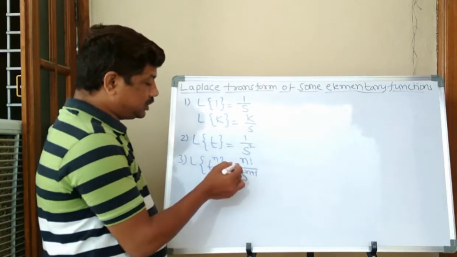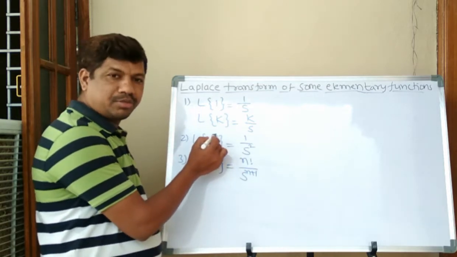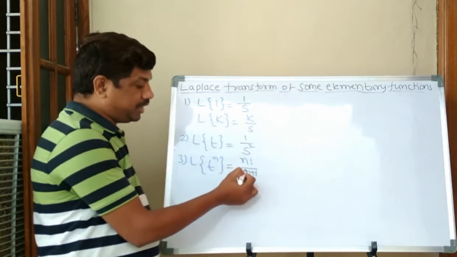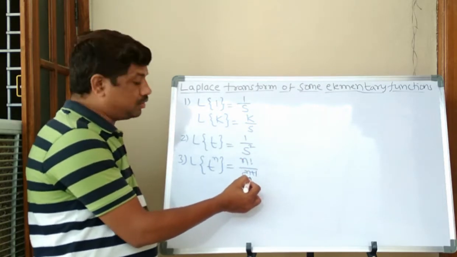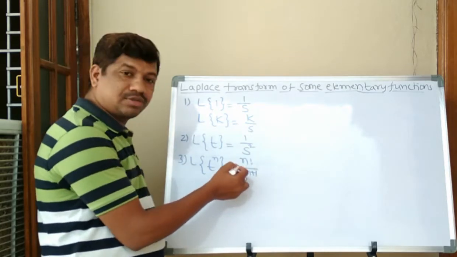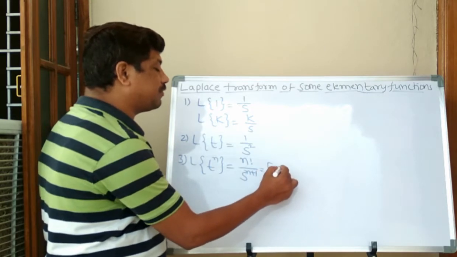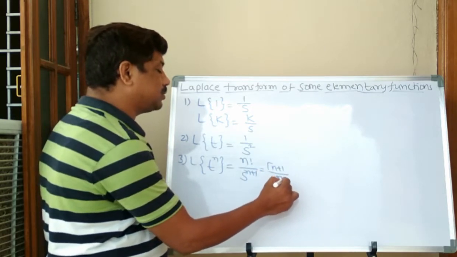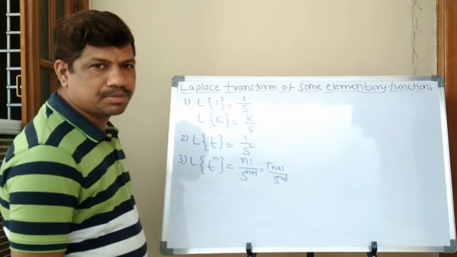If you want to check this, here t power n is t, so n equals 1. That is 1 factorial by s power 1 plus 1, and 1 factorial is 1, so it is 1 by s square. It is satisfied. And if you want to write this in terms of gamma functions, n factorial is equal to gamma of n plus 1, so the remaining is the same: gamma n plus 1 by s power n plus 1.